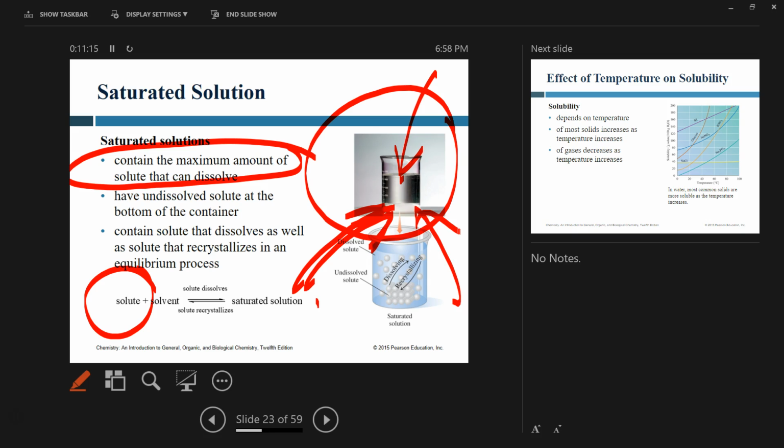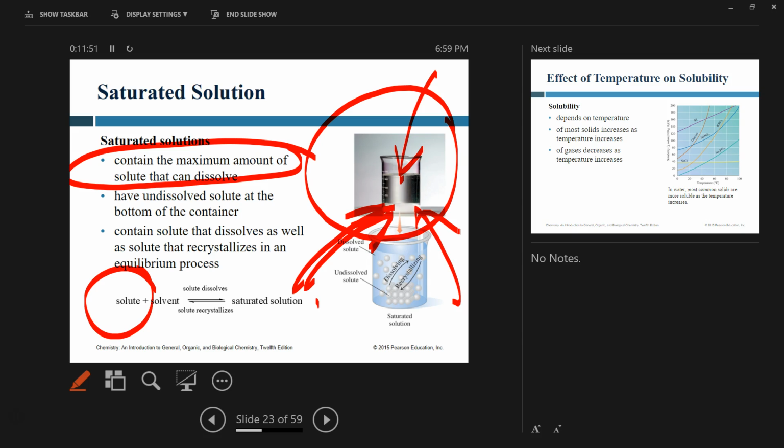Now, something that's not for the exam, but it's pretty cool. You can generate an oversaturated solution. It doesn't always work. Basically, you prepare the solution very carefully, very slowly adding the solute to the solvent. You can create a solution which contains a little more solute than it's supposed to have.